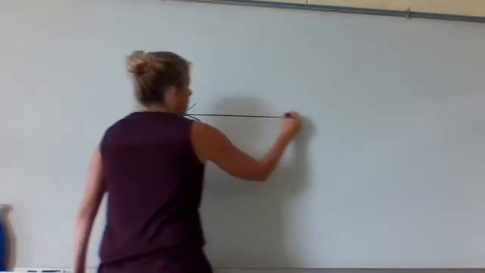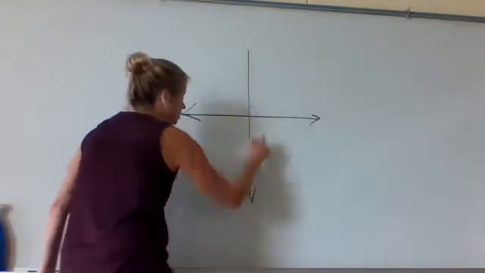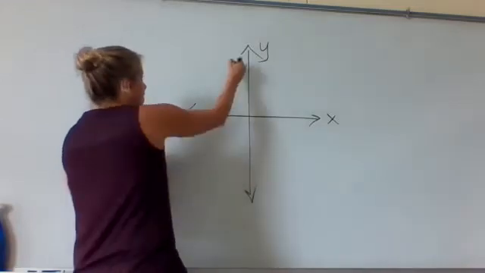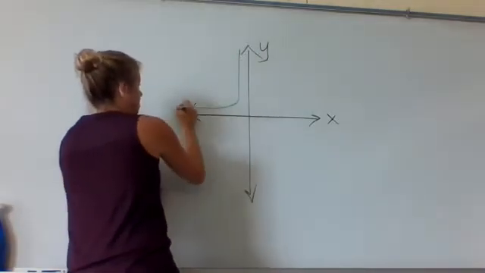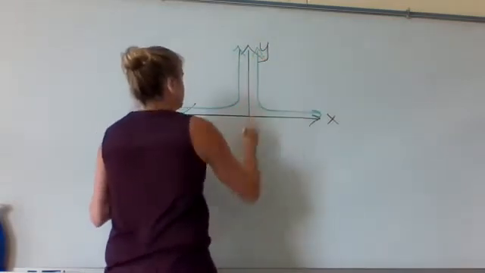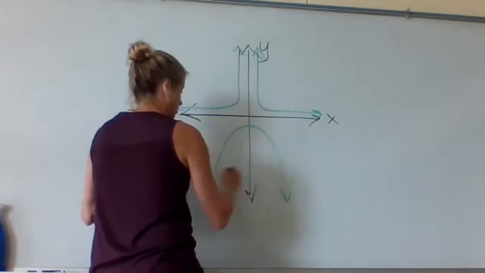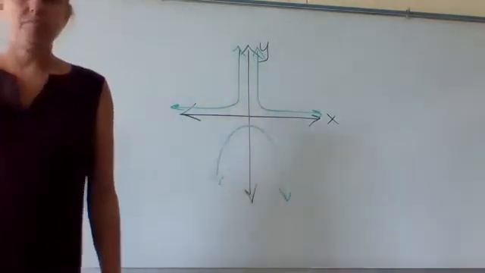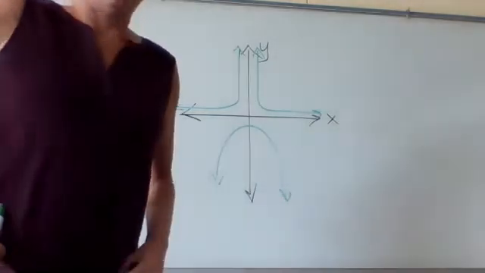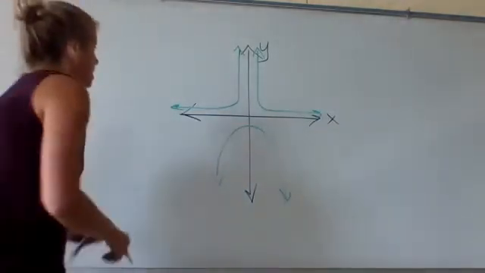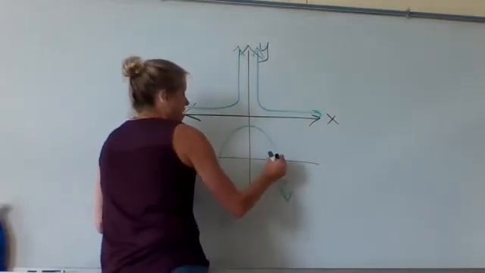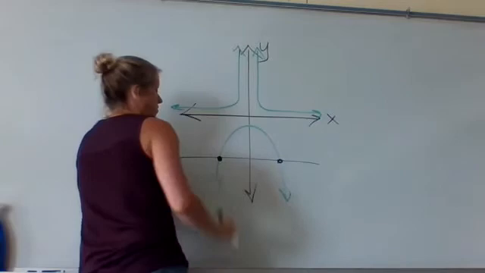So here's your x and y axis. Here's your x, there's your y. The graph on number 18 looks like this. And it wants to know if it's a one-to-one function. So let's see, what does that mean? If I draw a horizontal line right here, how many times did it touch that part of the function?